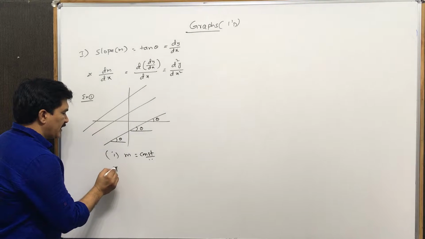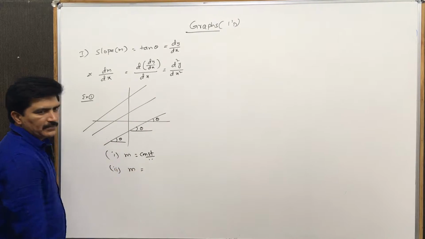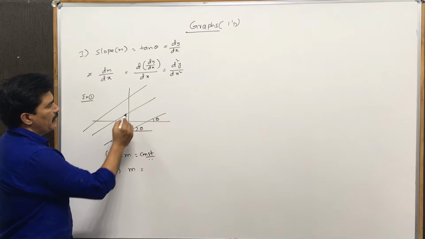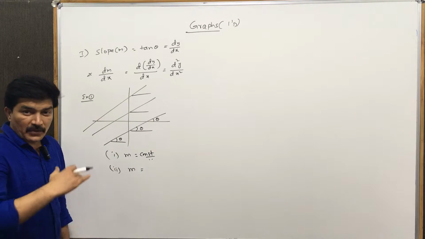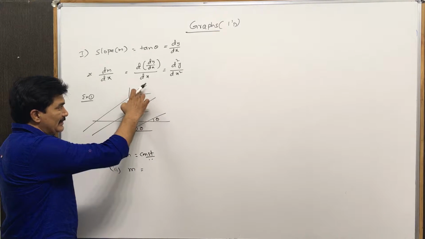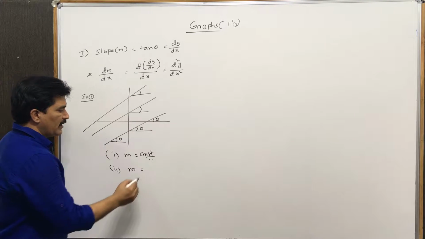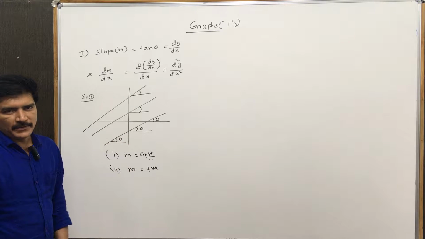And the second point is whether slope is positive, negative or 0. For all these figures, the angle made by the graph with the positive x direction is less than 90 degrees. As it is less than 90, tan is positive, hence I can conclude that for all these straight lines slope is positive.